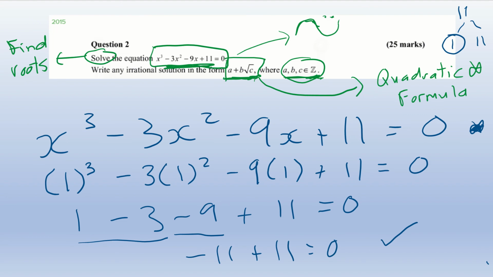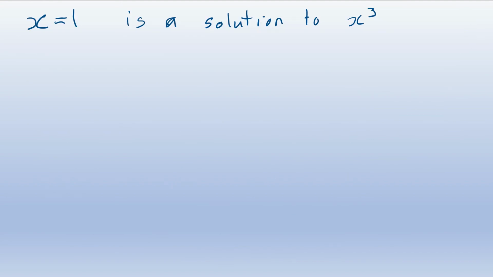So I'll just write that out. X is equal to 1 is a solution to x cubed minus 3x squared minus 9x plus 11 is equal to 0.